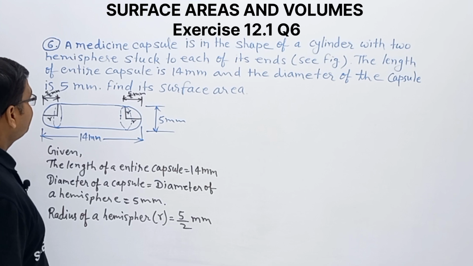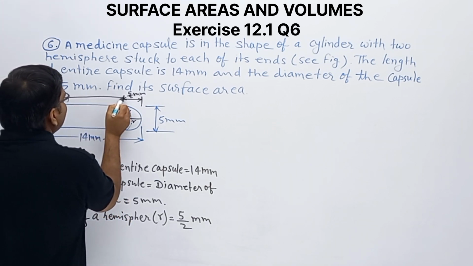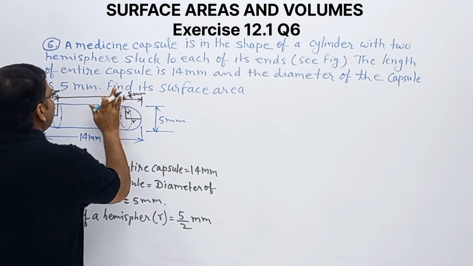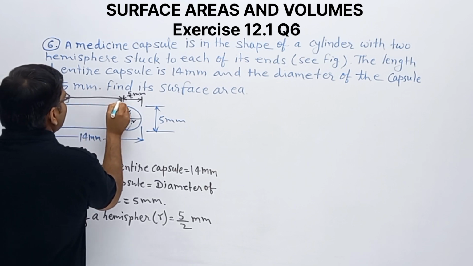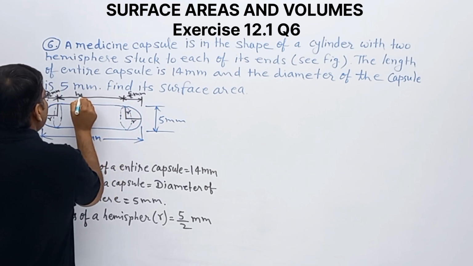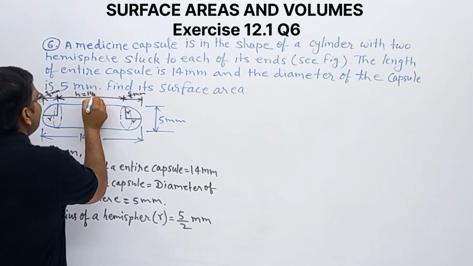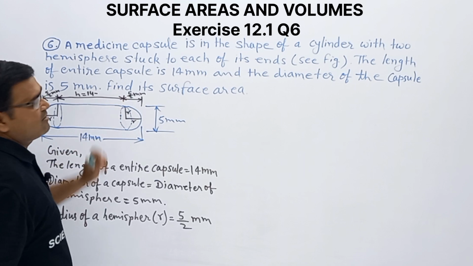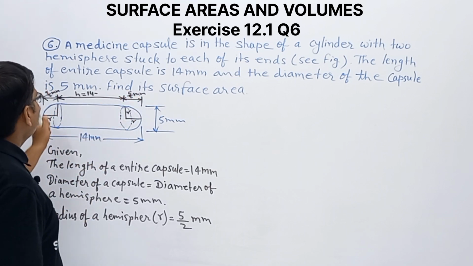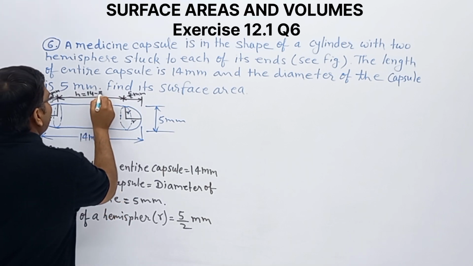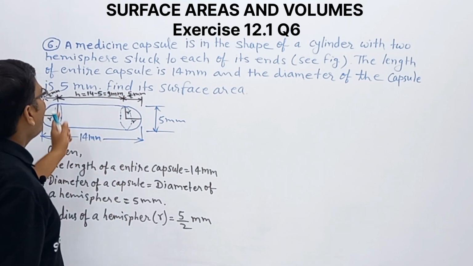So what is the height of the cylinder? It is the total height minus this plus this. This is 5 by 2 mm and this is 5 by 2 mm. Once we add both, we get 5 mm. So we get 9 mm, which will be the height of the cylinder.